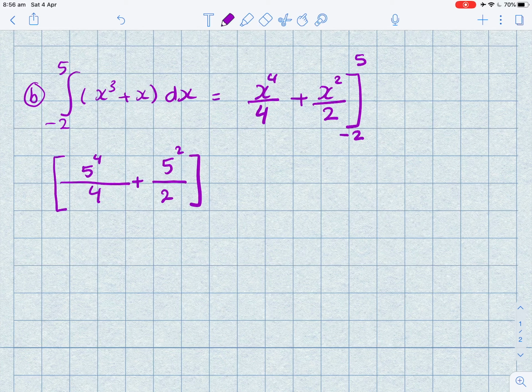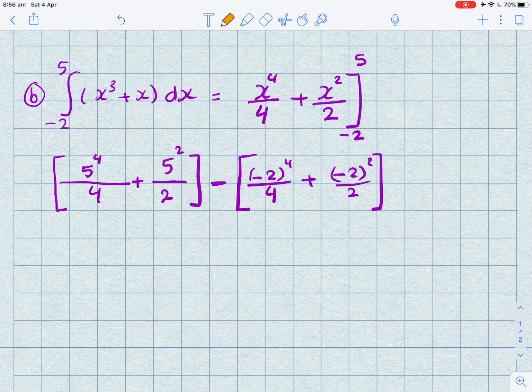Then minus, now we start another bracket, and we substitute the lower limits. So this is going to be minus 2 to the power 4 over 4 plus minus 2 squared over 2. Okay, and we find the answers.